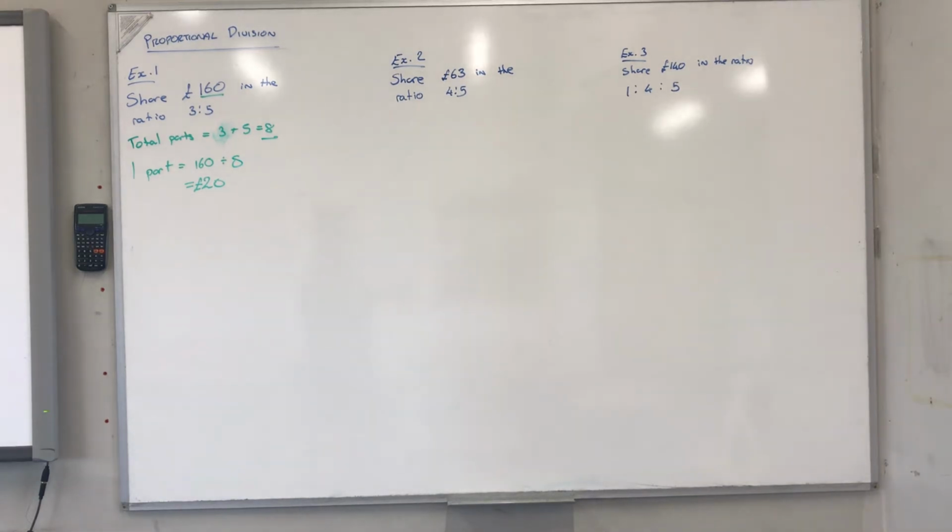So now I've got that one part equals 20 pounds. How do I then get 3 parts or 5 parts? Well, you get 3 of them or 5 of them.